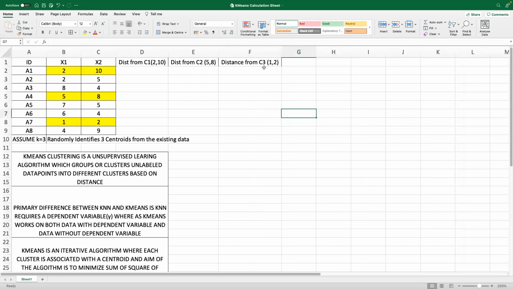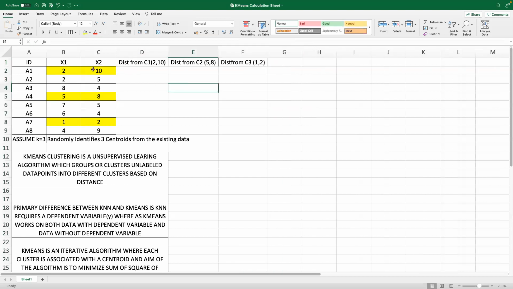These initial centroids in the first iteration are randomly selected by the algorithm.